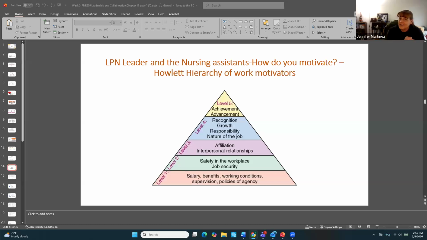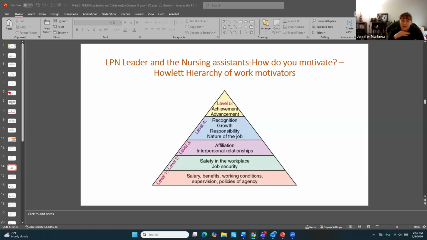Obviously, we want to know what our salary is. How much are we going to get paid? What are our benefits? Do we have medical, dental, what's the other one? Vision. Do we have life insurance? What are the working conditions? What is my supervision? What are the policies? You need to look at all of this before you ever accept a position.